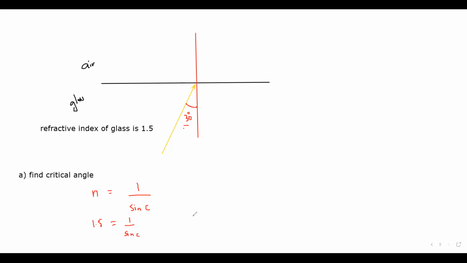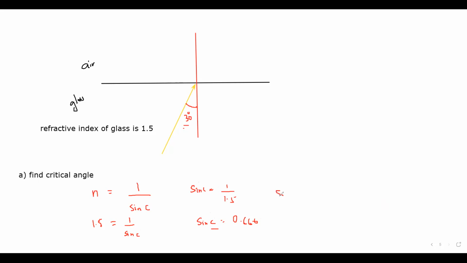If I need sin c, cross multiply: sin c equals 1 divided by 1.5. 1 divided by 1.5, what's the answer? It is 0.66.